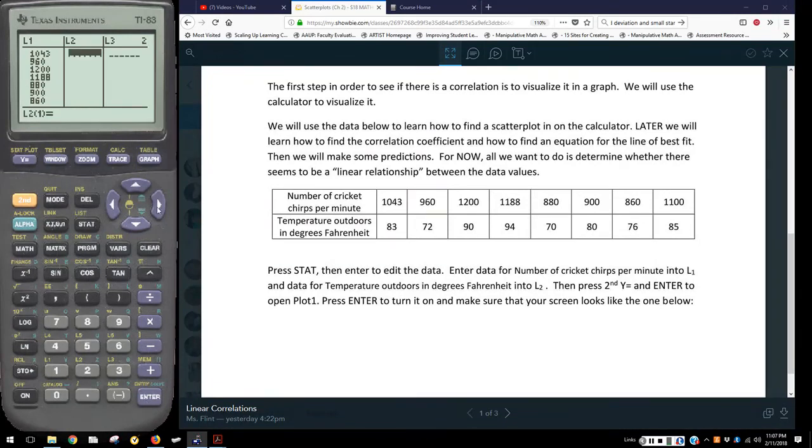And then we're going to go over here to list 2, and we're going to enter the temperature outside where those crickets are chirping. So they chirped 1,043 times a minute when the temperature was 83 degrees.